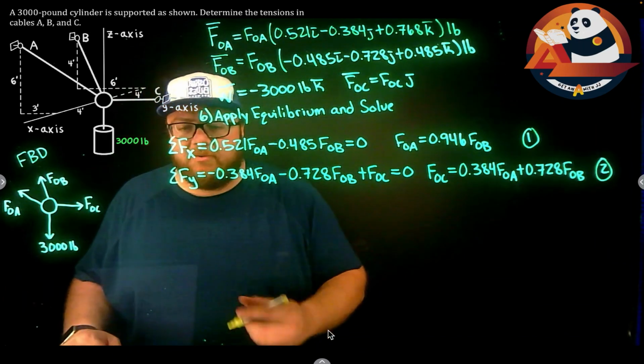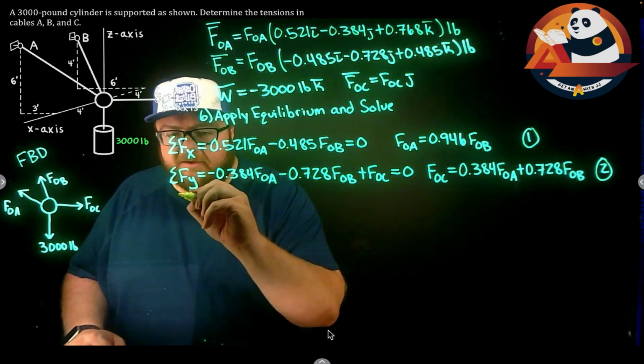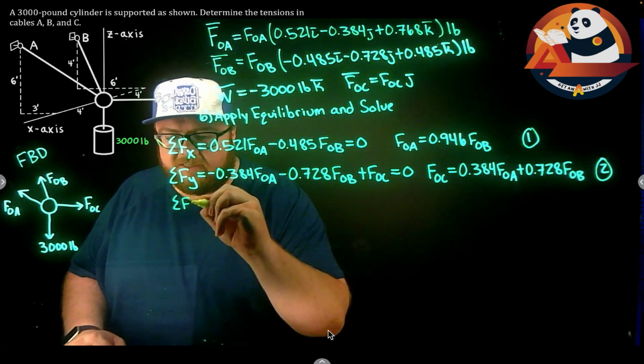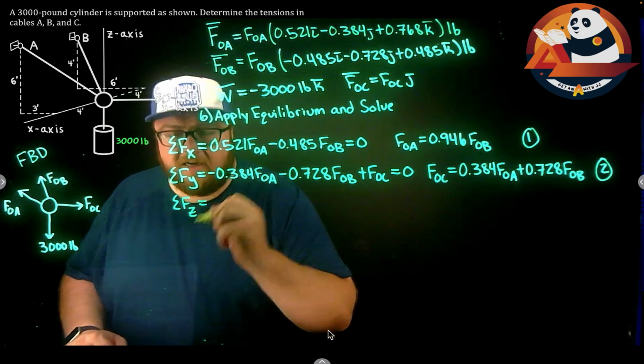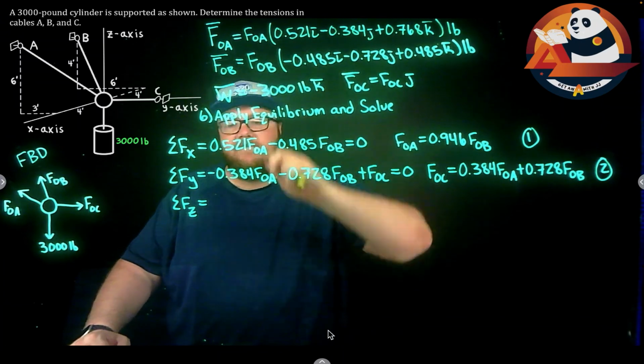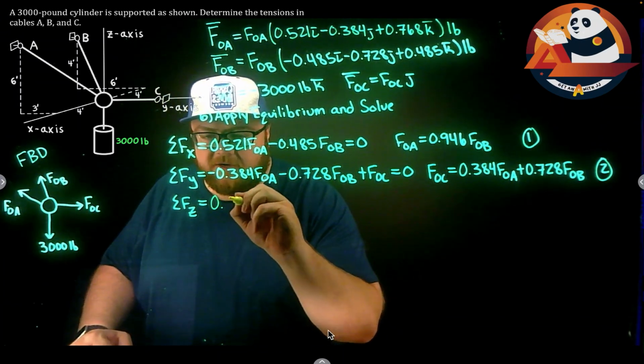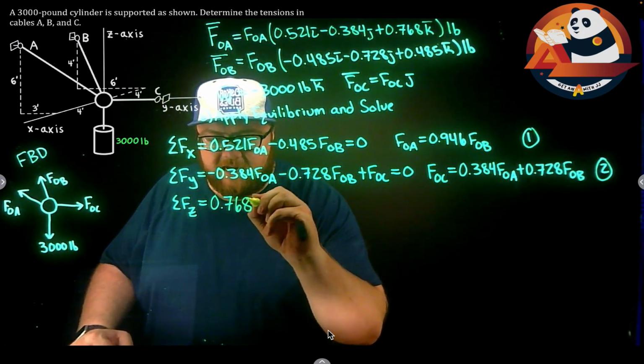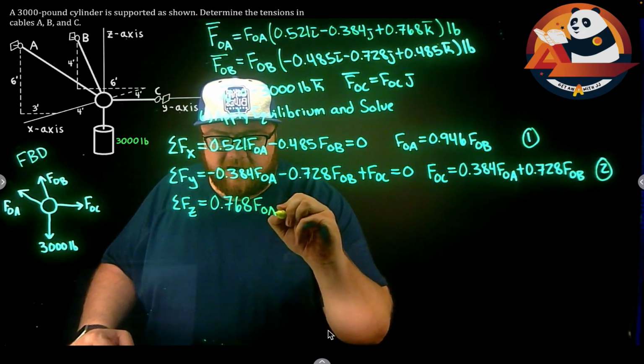Our last one we can work with is sum all of our z components. So summing forces in the z direction, I'm going to have in my FOA 0.768 FOA.